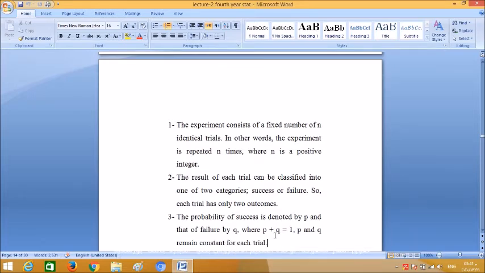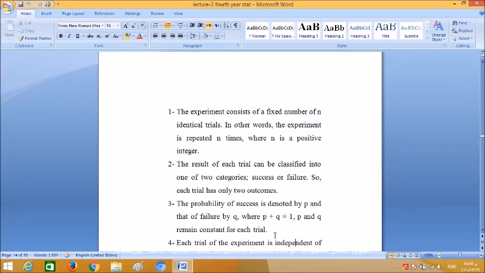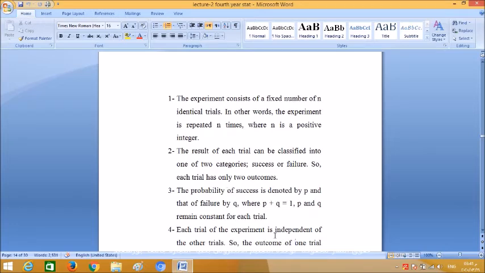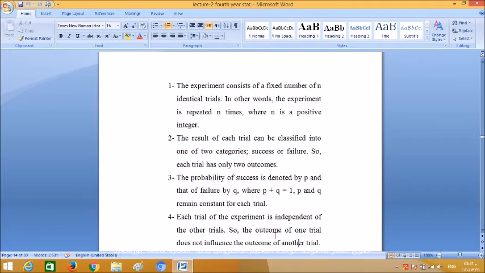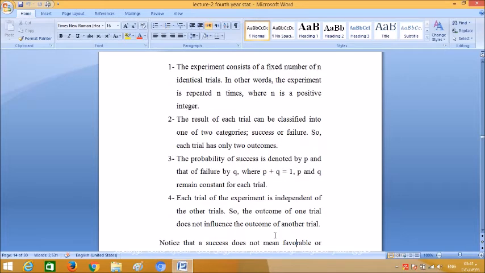P and Q remain constant for each trial. So the probability of success and the probability of failure must be constant from trial to trial. Each trial of the experiment is independent of the other trials. So the outcome of one trial does not influence the outcome of another trial.